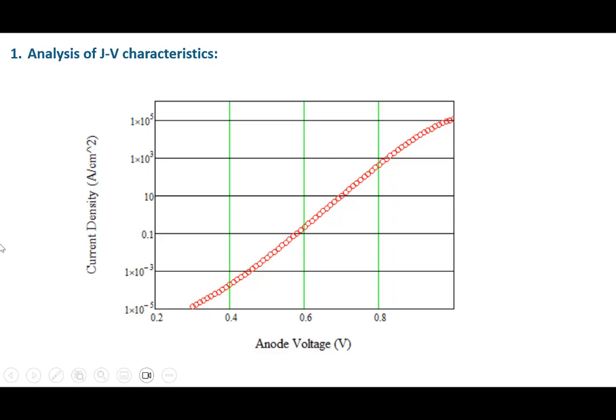So if you plot the current density versus the voltage, this is what it looks like. I've plotted it on a log-linear scale, so one can see that it's not a perfect straight line.